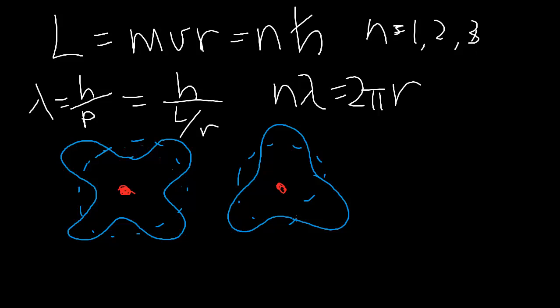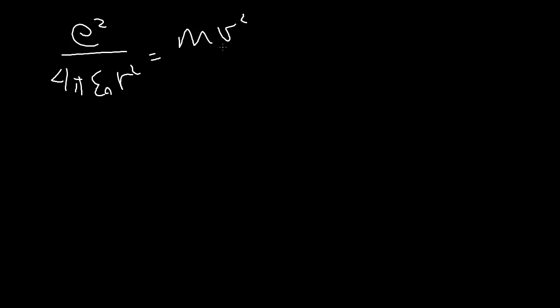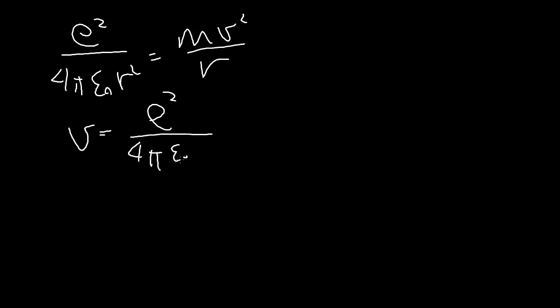So with that, we can then work out what kind of energy level is allowed based on this quantization. Again, we still know that e squared over 4 pi epsilon naught r squared is equal to mv squared over r. So then v is e squared over 4 pi epsilon naught mvr, which is then our way of introducing our h bar n.